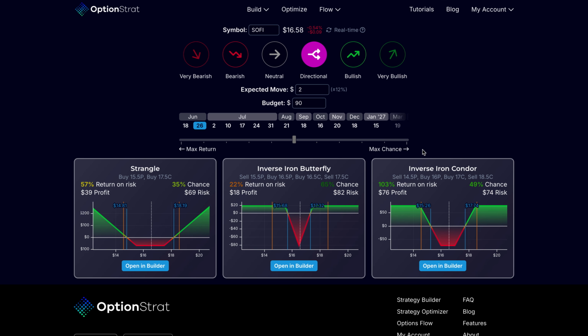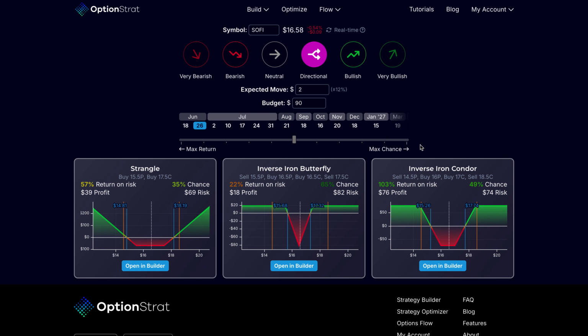So we didn't have to remember which strategies we can use for this scenario and what strike prices we need to select. Because if you take a look here, all these examples, they already have selected the strike prices for us to meet, again, this specific criteria here.